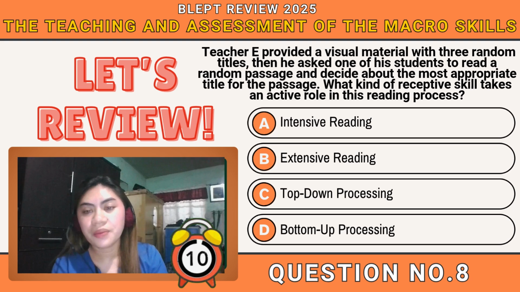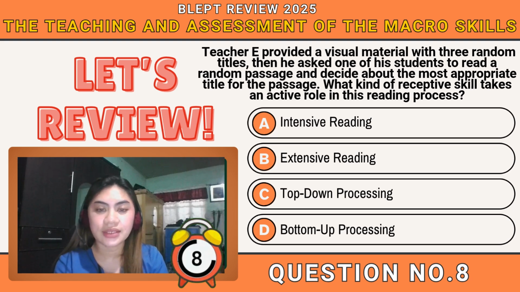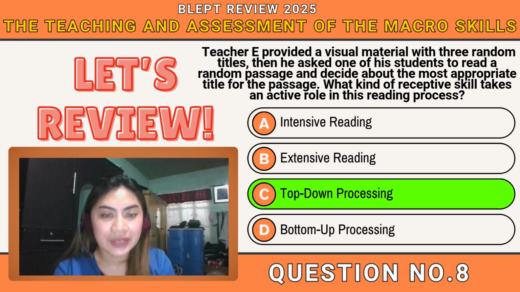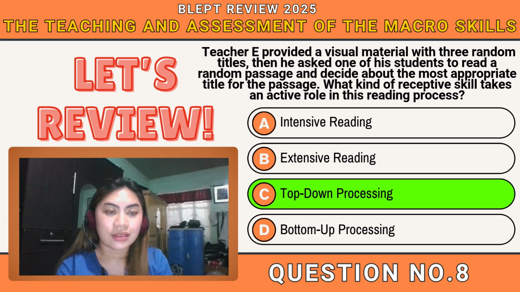Okay, your time is up, and the correct answer is C, top-down processing. Top-down processing is a teacher style that focuses on providing students a large view of the subject. They immerse them in the big picture without explaining the components that make up that subject.